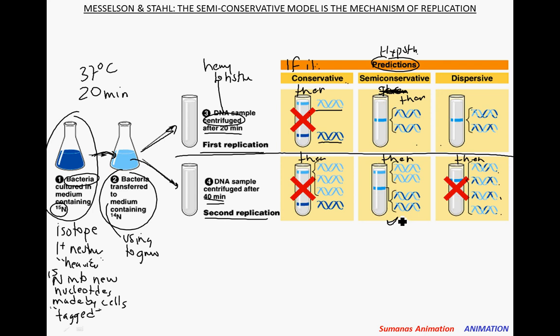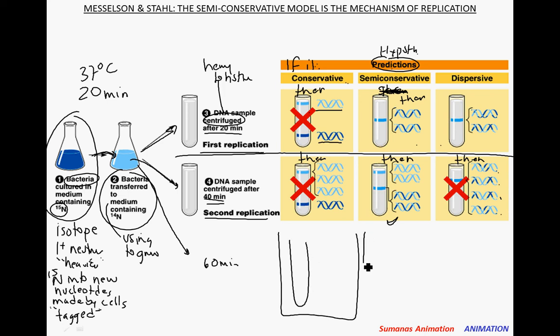Now, to see if you understand this, can you predict down here what would happen if they let this go for another 20 minutes, or another 60 minutes? What would you expect to see if you centrifuged it if it was conservative? If it's semi-conservative, what would you expect to see?